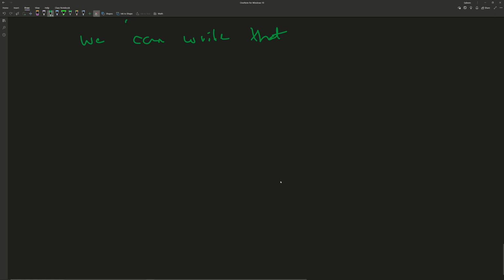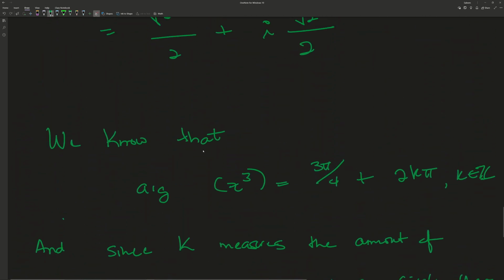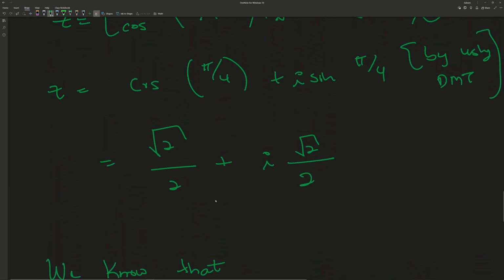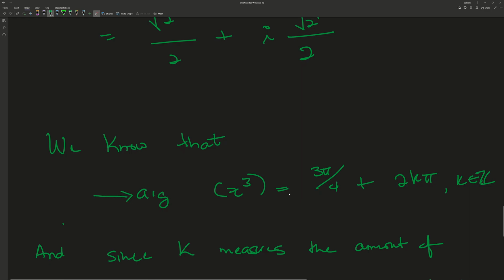We can write this z in the form z equals cis theta.